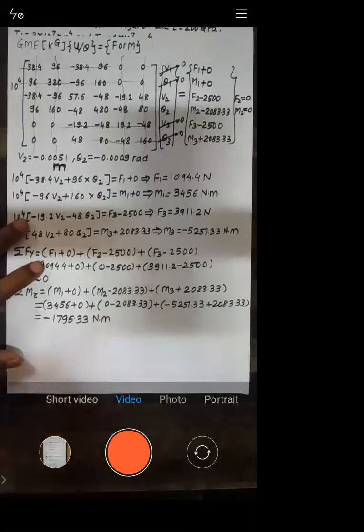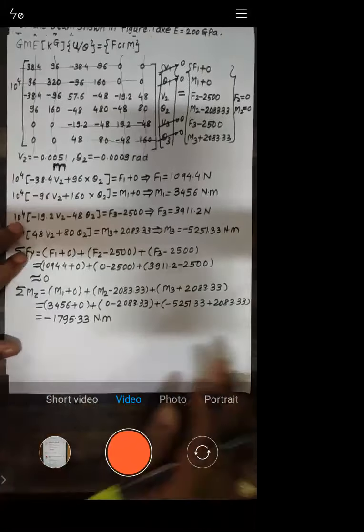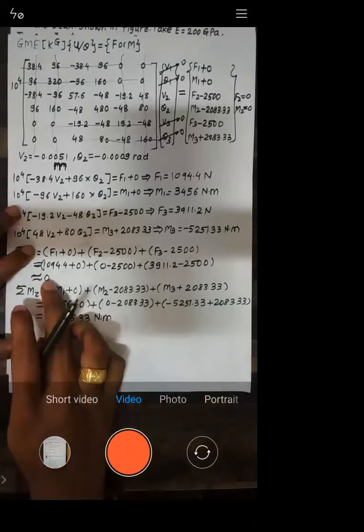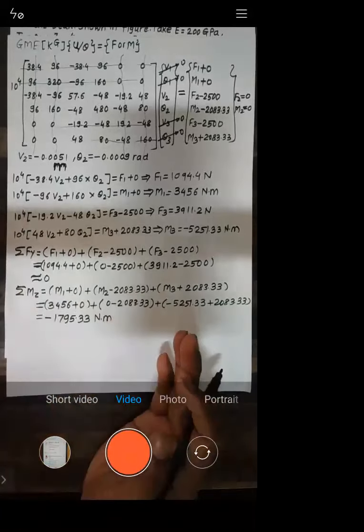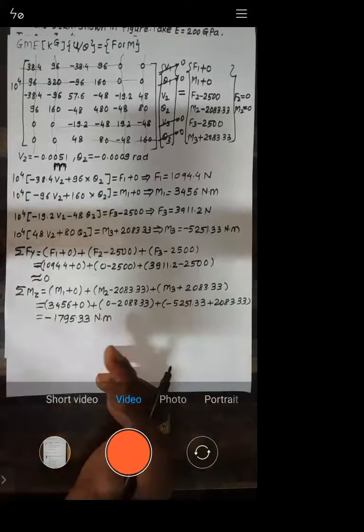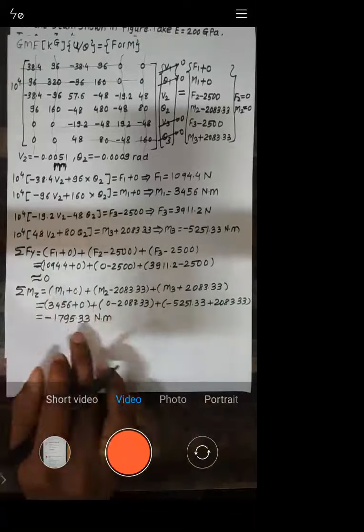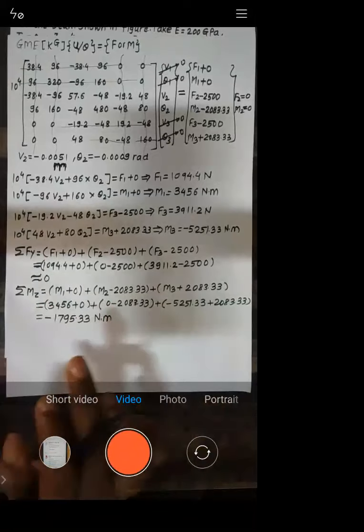So this is the value of moment you are getting. The summation of moment you will never get exactly equal to 0. Summation of moment 0 means it is balanced. In order to balance this, you need to produce a moment of the same magnitude but different direction.